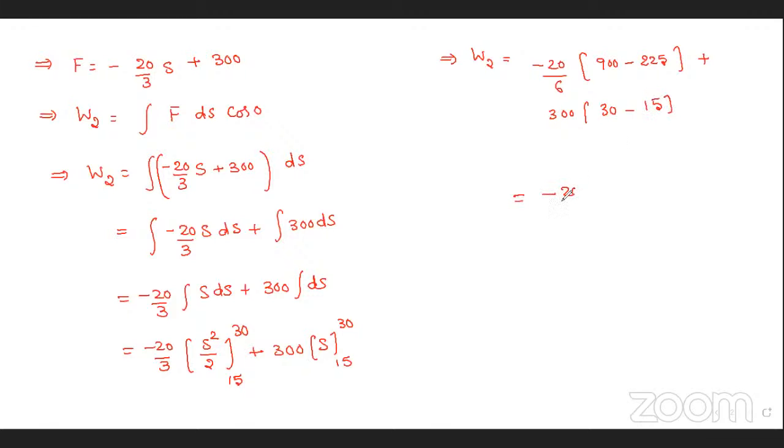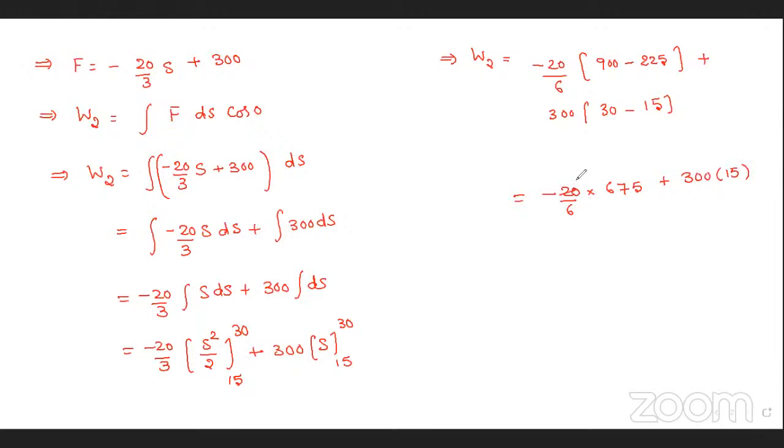So you get minus 20 by 6 into 900 minus 225, which is 675, plus 300 into 15.